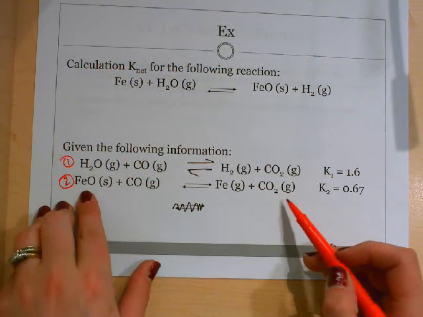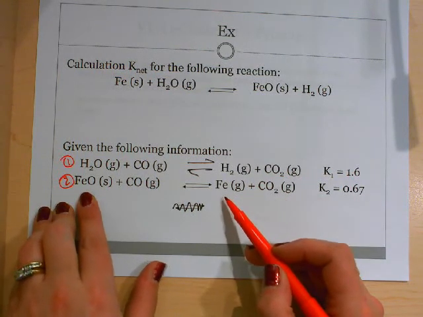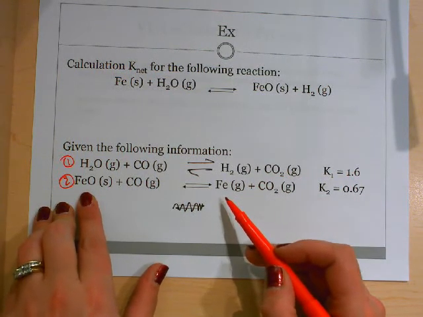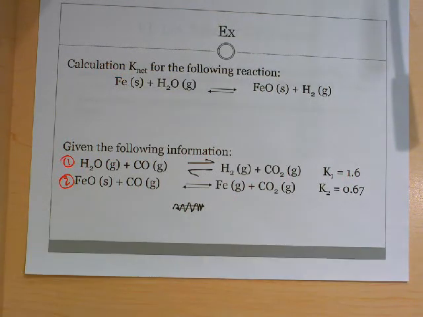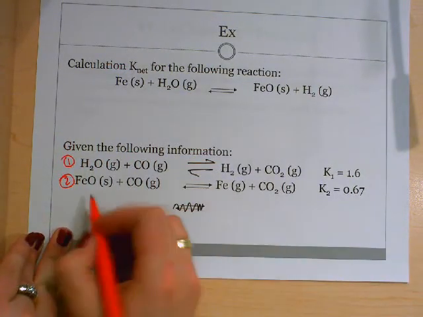Alright, equation 2. Does it have iron on the correct side of the arrow? It does not. So what do we need to do to this equation? Flip it over. If I flip it over, what do I do to the K value? 1 over. Negative would be if it was a delta H. But it's a K, so it's a 1 over. So I will rewrite it.